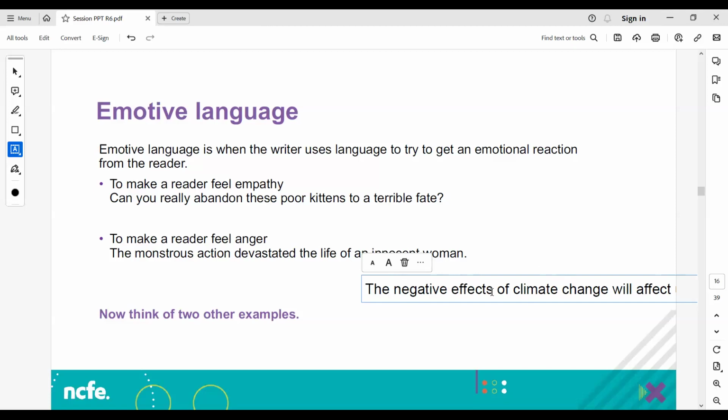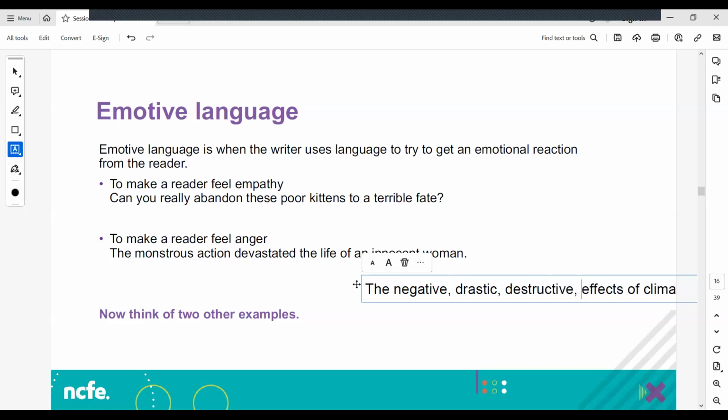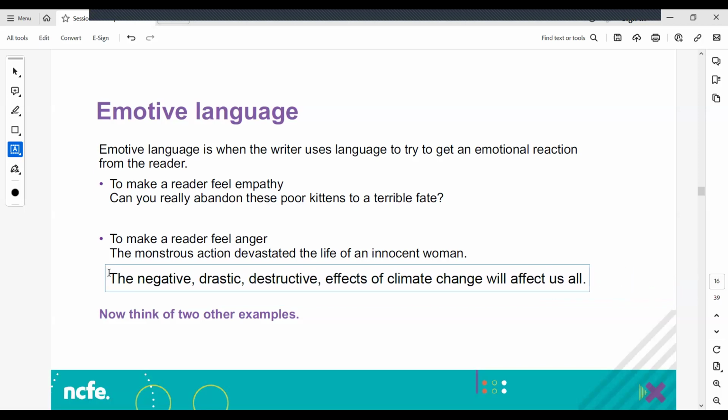Drastic. So I'll put them all in. We wouldn't necessarily use them all in our own sentence, but we'll put them in to show you. Drastic. Destructive. Oh, excellent. These are really good. So, the negative, drastic, destructive effects of climate change will affect us all.